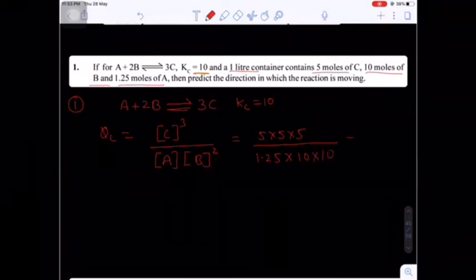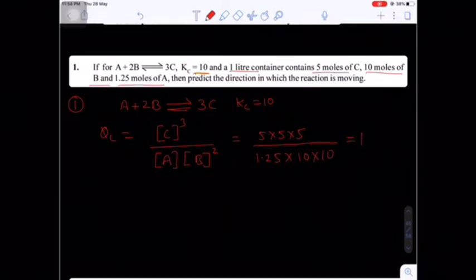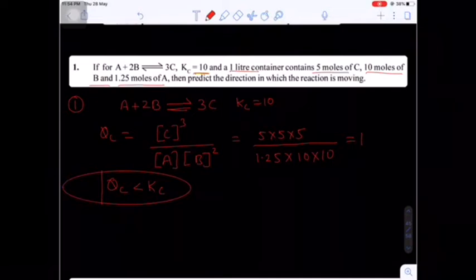So this value is 1. What is the Kc given to you? 10. What is the Qc here? 1. That means Qc less than Kc. Now Qc less than Kc, that means the reaction proceeds in forward direction.